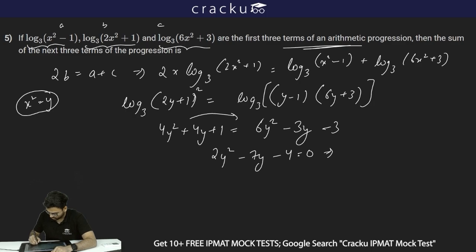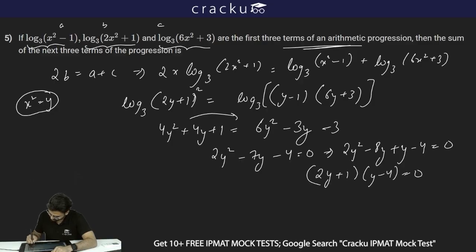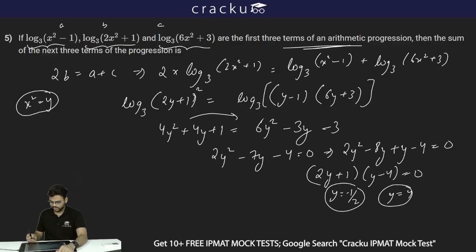I can factorize this: 2y square minus 8y plus y minus 4 is equal to 0, or I can write (2y plus 1) into (y minus 4) is equal to 0. So either y is equal to minus 1/2 or y is equal to 4.